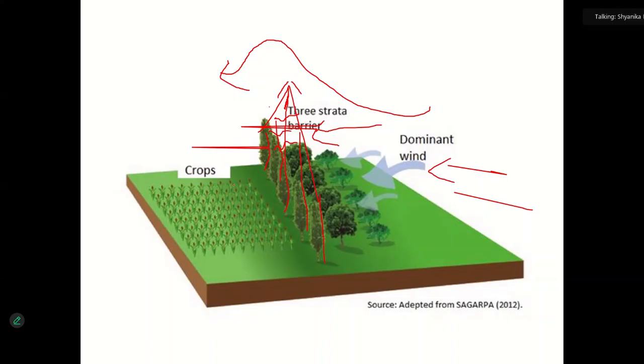So for the crops and animals, whichever this area may be allocated to, they feel good weather conditions because of this living barrier. Okay, so that is what happens.